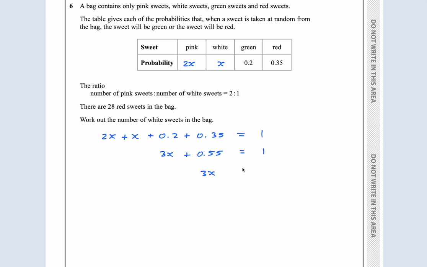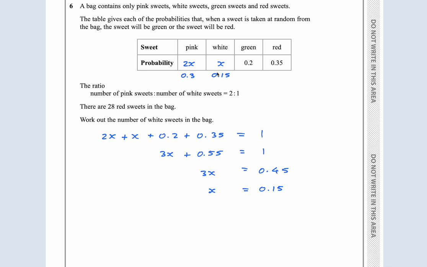I then subtract this from 1, giving me 0.45. And I then divide by 3, giving me 0.15. Okay, so now I have this is 0.15, and this is 0.35. Sorry, 0.3. This times 2.